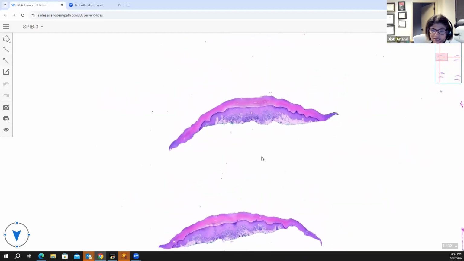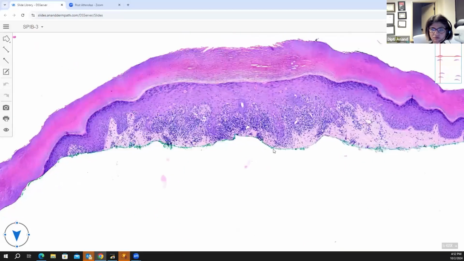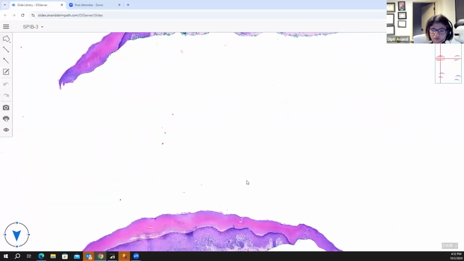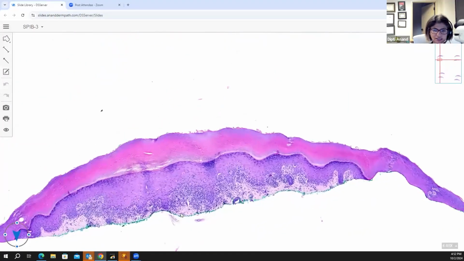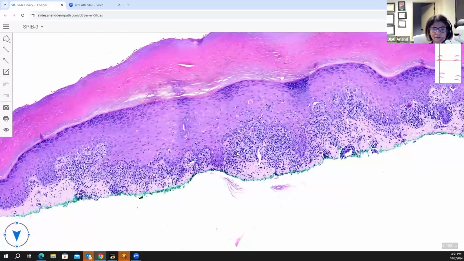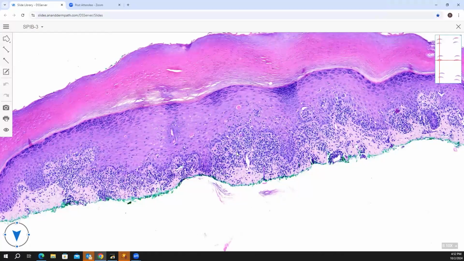Okay, this is the third slide. This is also very pathognomonic for this particular entity. What is this? It's lichen planus.